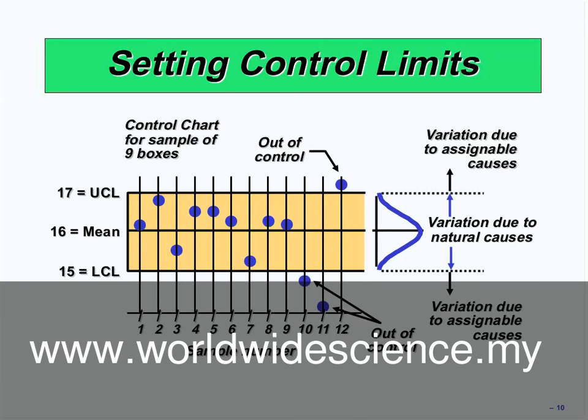Sample number 3, what was the mean? 15.5, and we mark each one with a blue circle in each sample until 12.